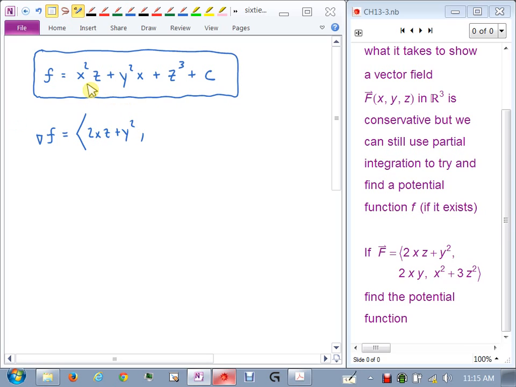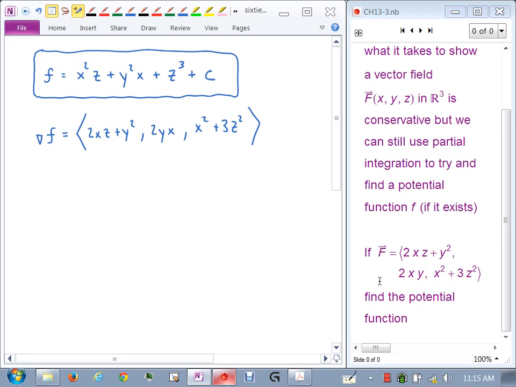Partial with respect to y, which would be 2yx, or 2xy. The partial with respect to z, which would be x squared plus 3z squared. And the derivative of this constant is 0, so that doesn't matter. Does that match our f over here? Yes. All right. Questions?